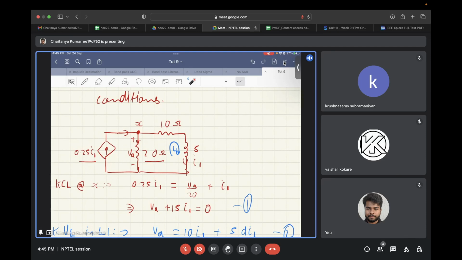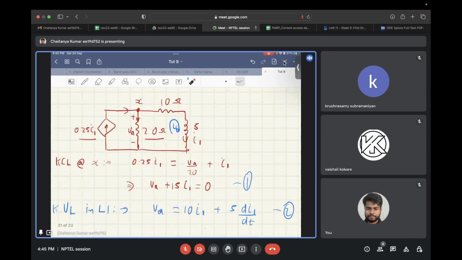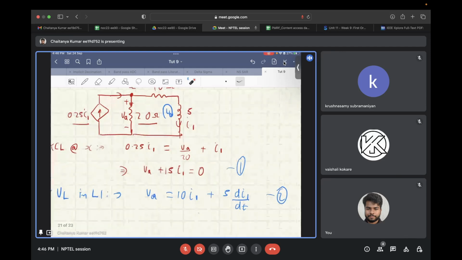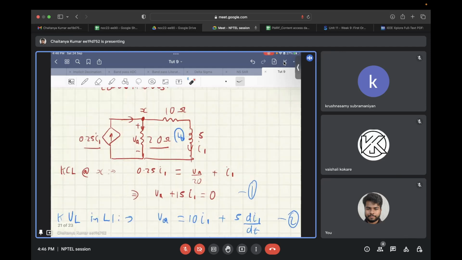Now, equation number 2 we will consider as KVL in loop L1. VA, the voltage developed across the 20 ohm resistor, is equal to the voltage developed across this 10 ohm resistor and this 5 Henry inductor. The voltage across the 10 ohm resistor is 10 I1.